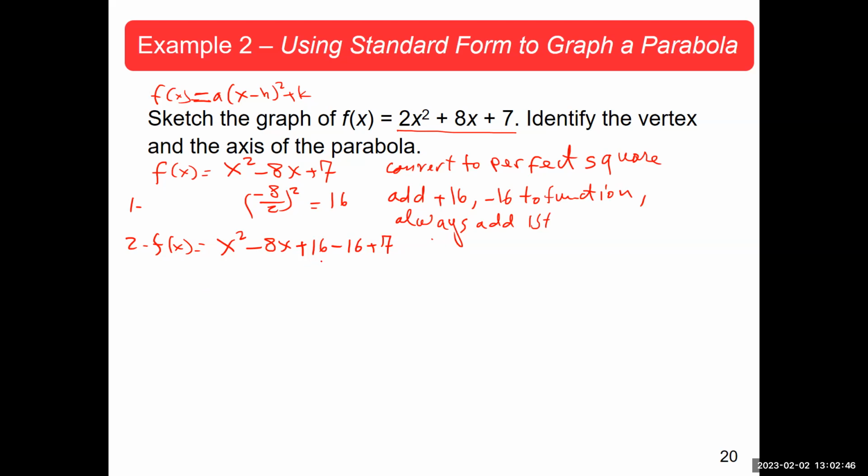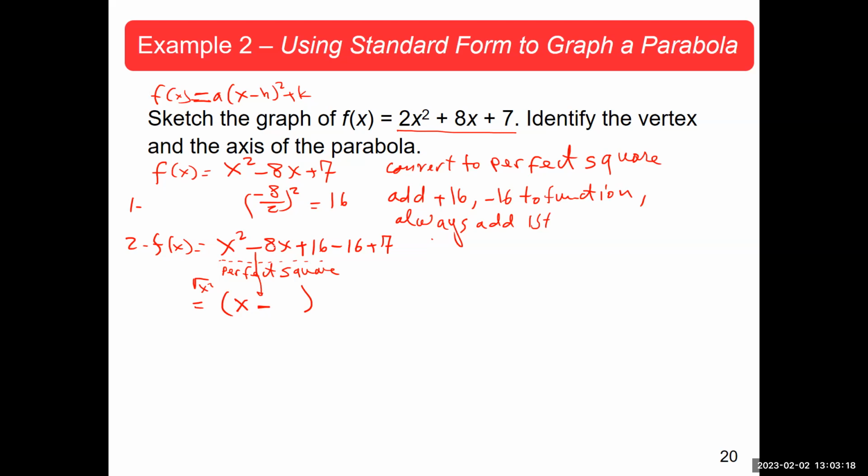Now this part here is the perfect square. What we're going to do, we're going to open parentheses, take the square root of x squared, we get x. This negative sign here, we'll bring it all the way down here. If it's positive, we put positive.